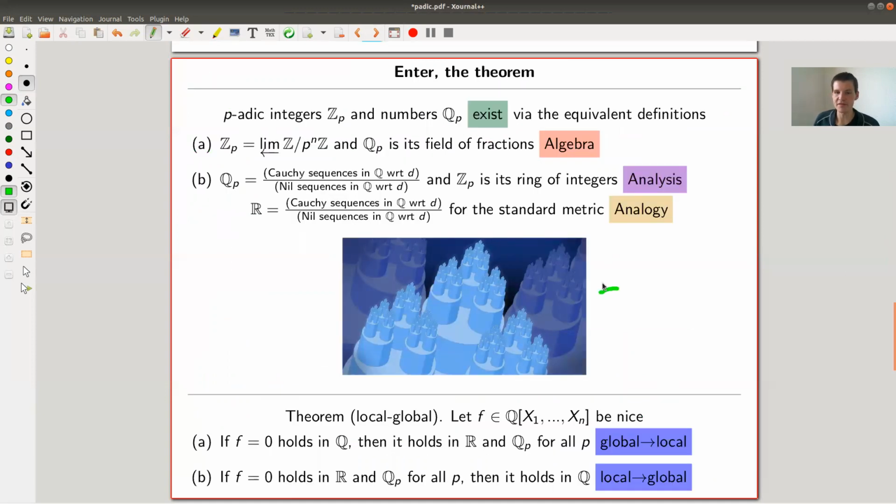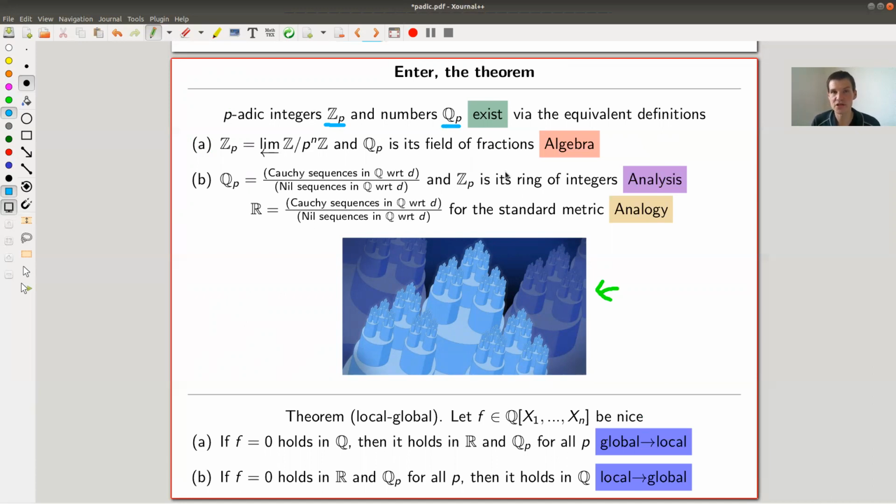So here's this nice picture I stole from the article. I will explain the picture in a second. The article is really good. I say it again, it's linked in the description. Anyway, we have a metric and an addition, and basically this means we have a ring with some topological structure. And so we could define, and here are two formal definitions, the p-adic numbers Qp and the p-adic integers Zp, via two equivalent definitions.